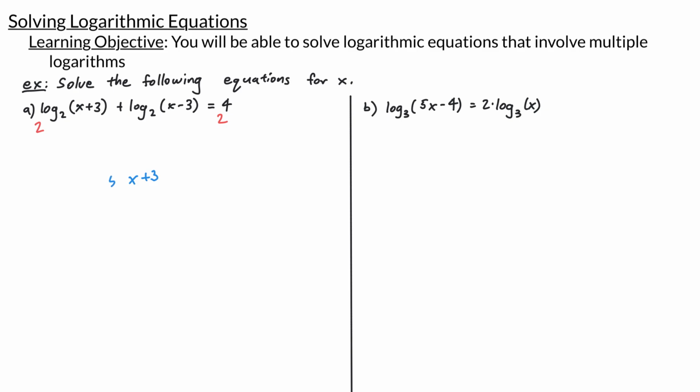However, if instead I have 5 times x plus 3, well, if I want to get rid of the plus 3 at this point, subtracting 3 isn't going to get rid of it. This is because the plus 3 and the minus 3 aren't being performed back to back. There's a multiplication by 5 in between. So again, inverse operations only cancel each other out if they're performed back to back.